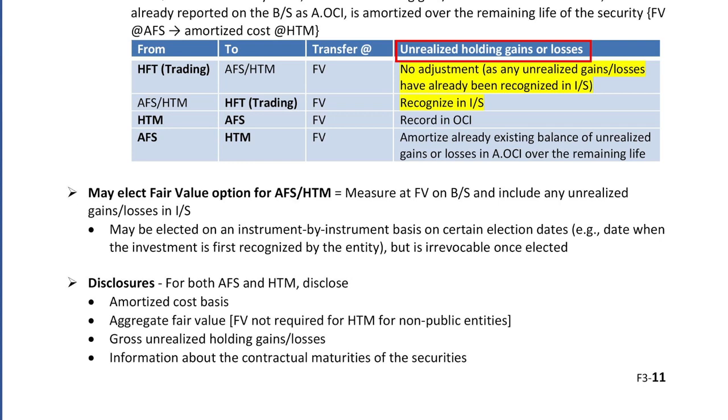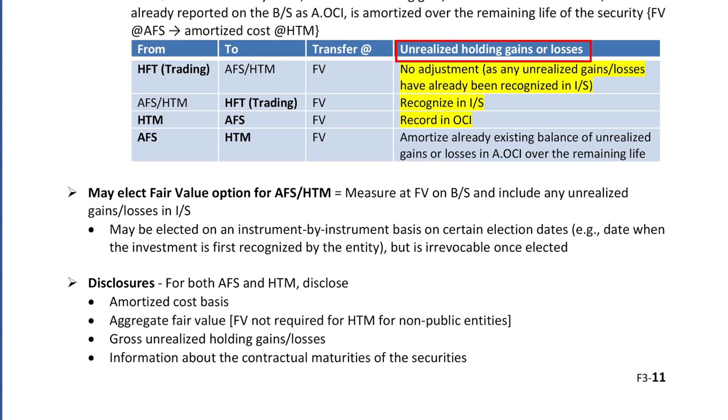The next couple of rows talk about transfers between available for sale and held to maturity categories. So if the transfer is from HTM to AFS, think about it. Basically, we're moving from amortized cost to fair value, and any unrealized gains or losses in that process are recorded in OCI on the comprehensive income statement, and go to accumulated OCI on the balance sheet.